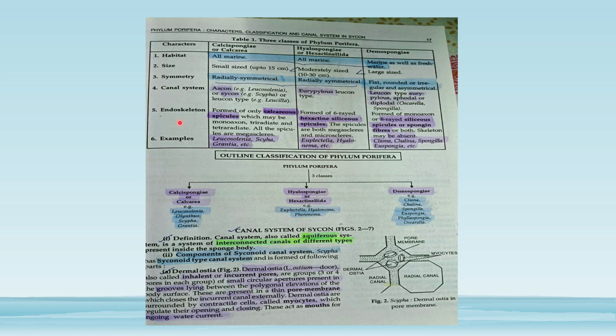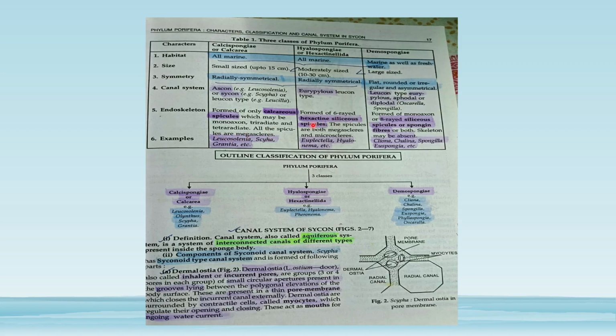The next is endoskeleton, formed of only calcareous spicules, which may be monoaxon, triradiate, and tetraradiate. I have mentioned that the spicules can be of more than three types, of course, but mainly three types are mentioned: monoaxon, having a single axis; triradiate, radiating in three directions; tetraradiate, radiating in four directions. All the spicules are megascleres.